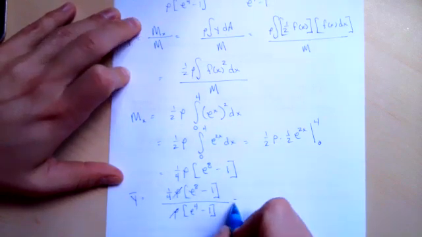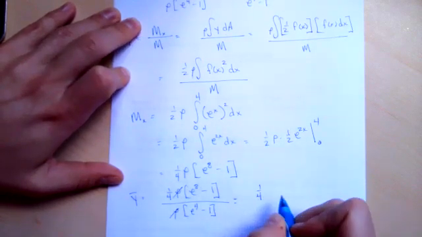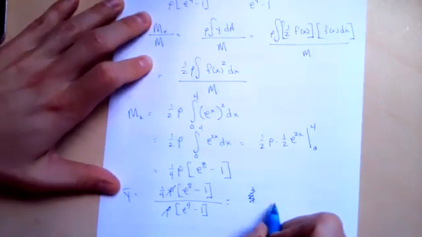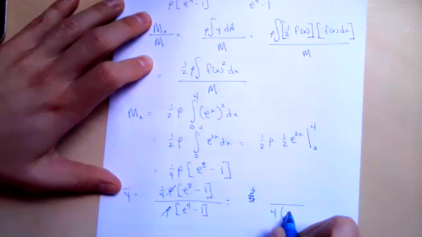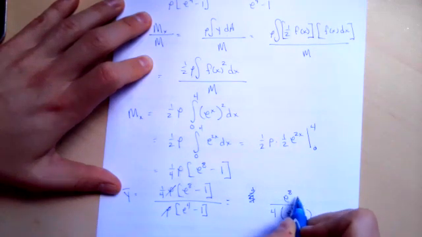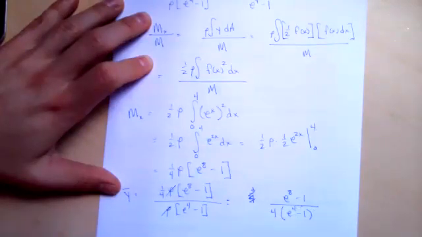Rho cancels. Sorry, let's write this a little more nicely. So the 1/4, I'm just going to put the 4 in the denominator: e to the 4th minus 1, with e to the 8th minus 1 in the numerator.